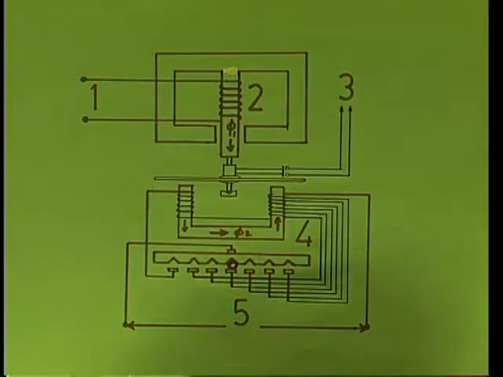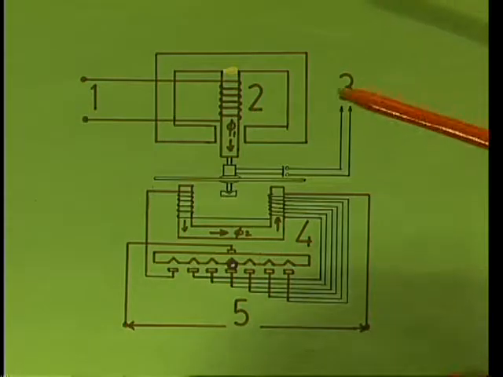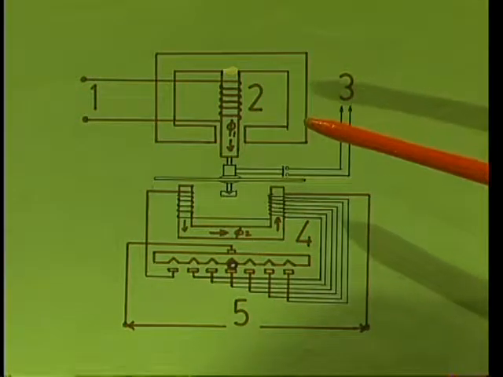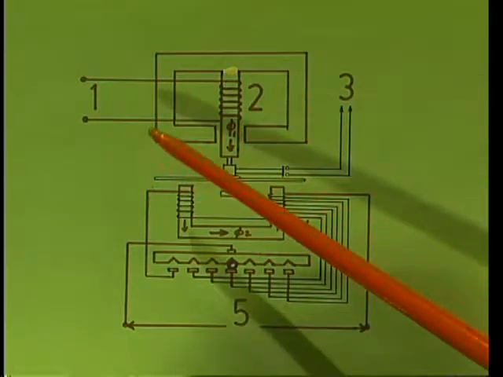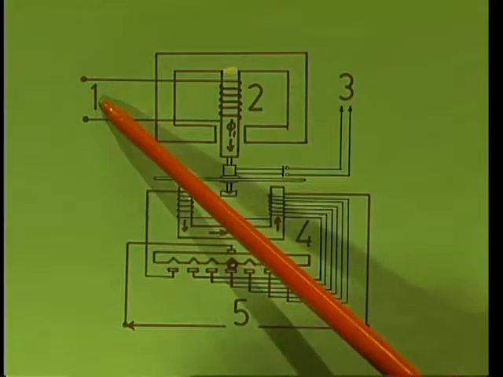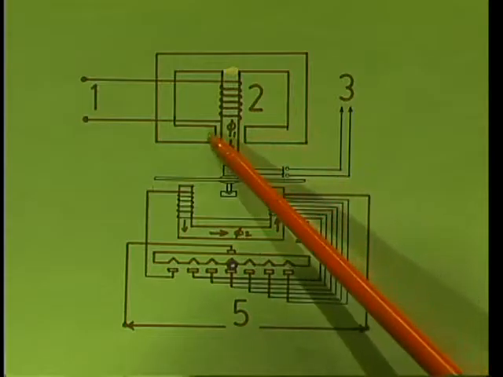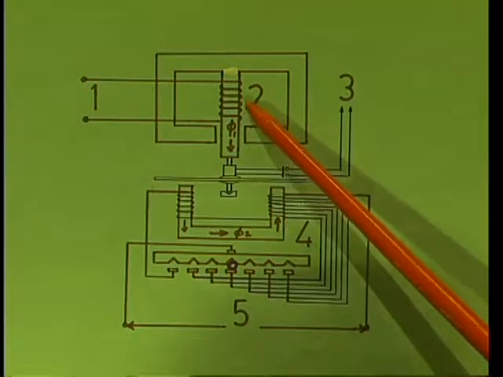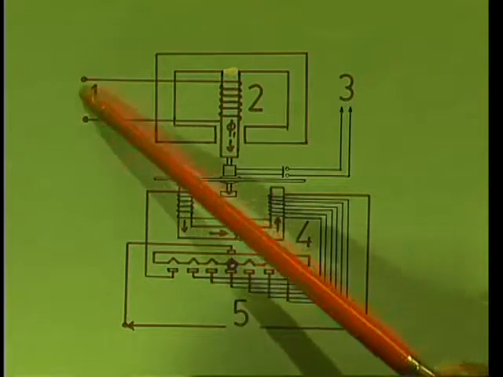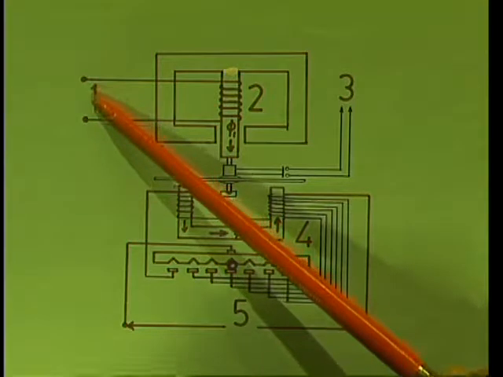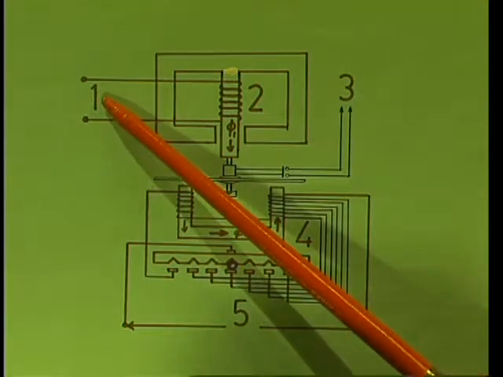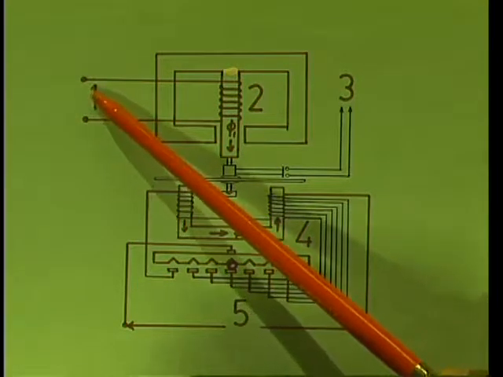As seen in the figure, the construction details are like this. It has two electromagnets. Here the voltage is applied to the upper magnet at the central limb, through a potential transformer, that is the PT.